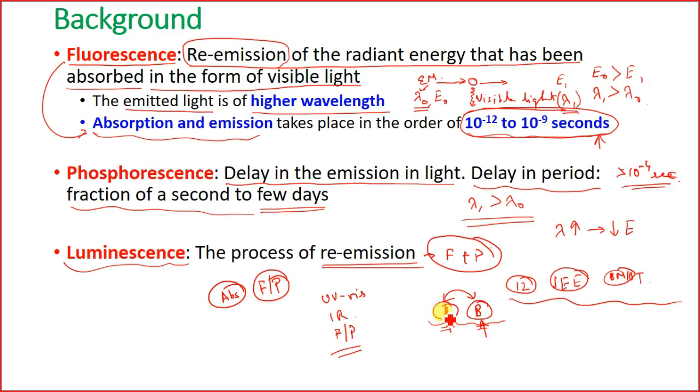Depending upon the characteristics or the molecular architecture of A and B, the absorption profile will be different, and also the fluorescence or the phosphorescence property will be different. Now, am I clear? Yes, sir.